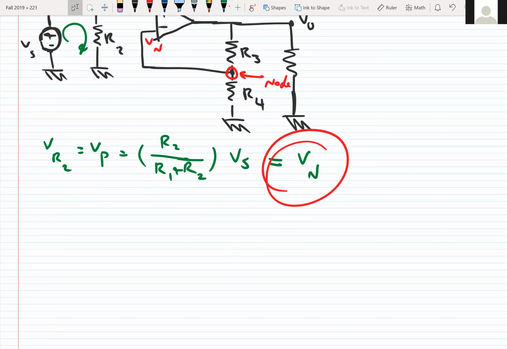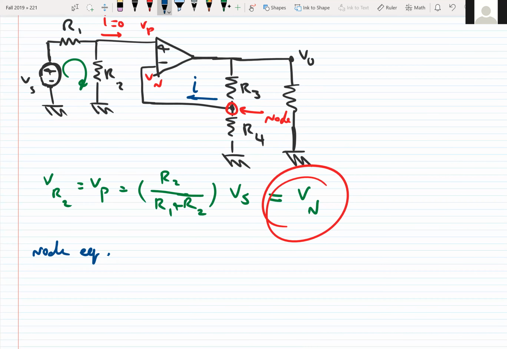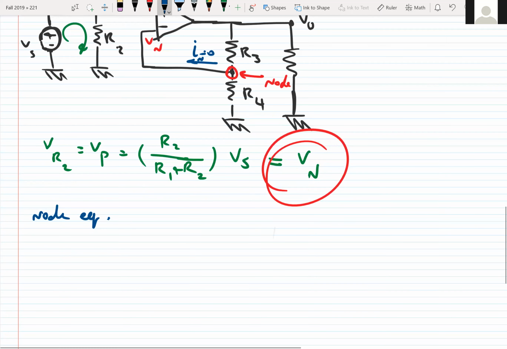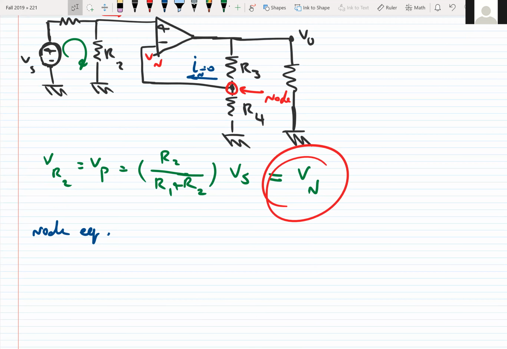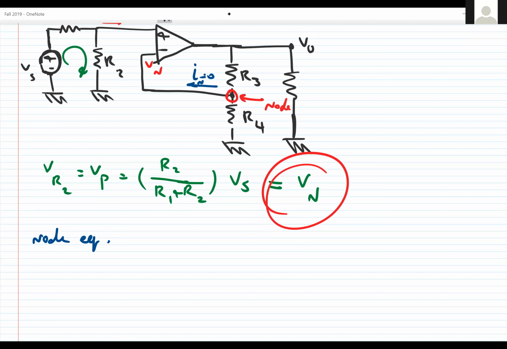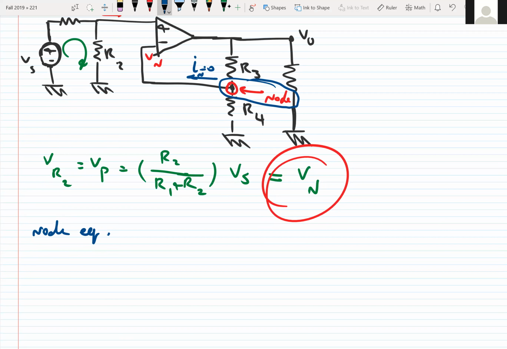Again, because the current entering the op-amp input, In, is zero, we don't need to consider any current there. By the way, what should we label this node? It has the same voltage as Vn because it's connected to Vn with no resistor, just wired together.